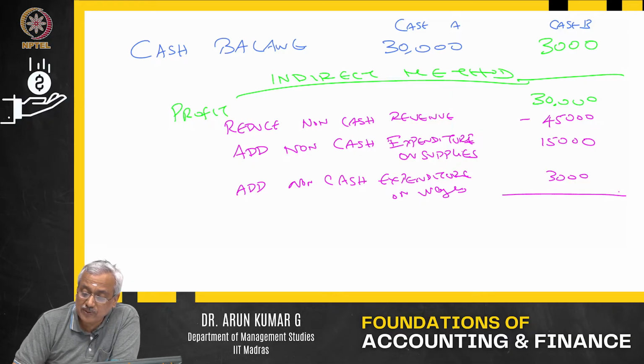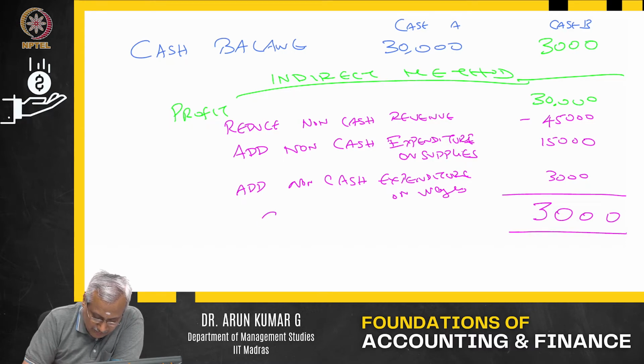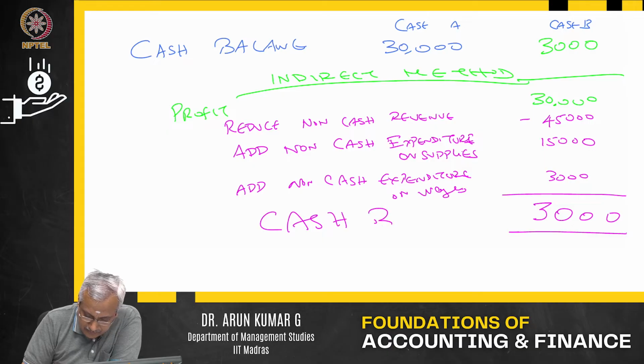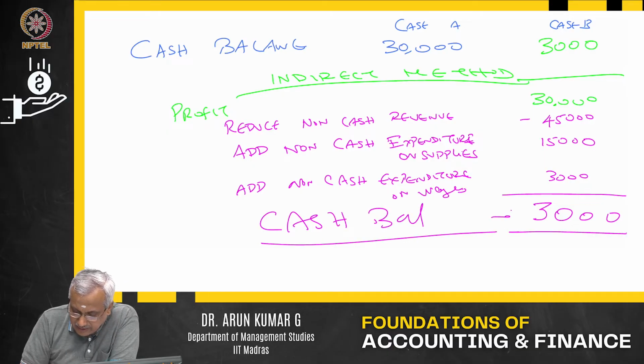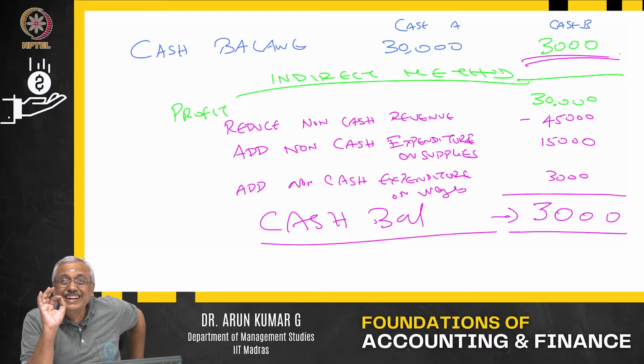What is the cash balance? Plus 30, plus 15 is 45, plus 3 is 48, minus 45. Your cash balance will be the same 3,000 which we arrived at earlier. This is what we call the indirect method.